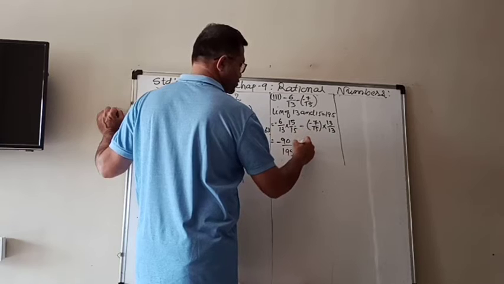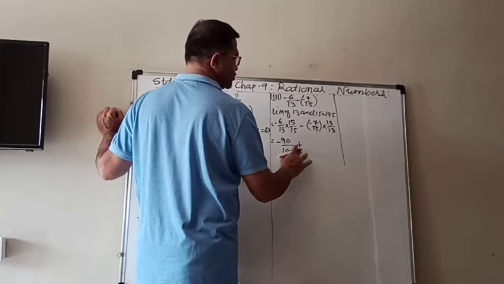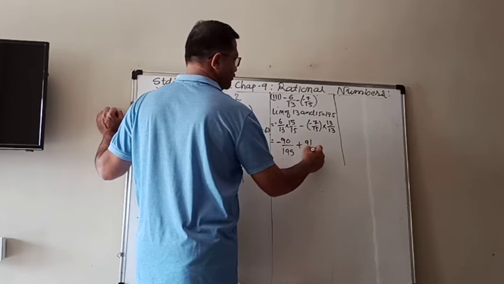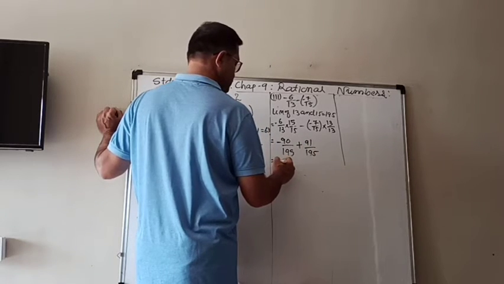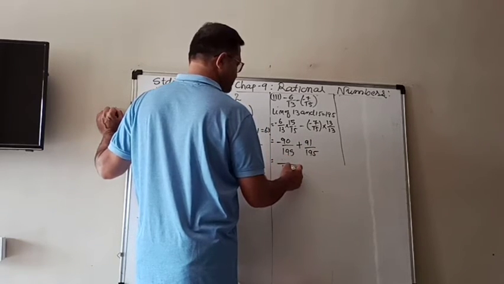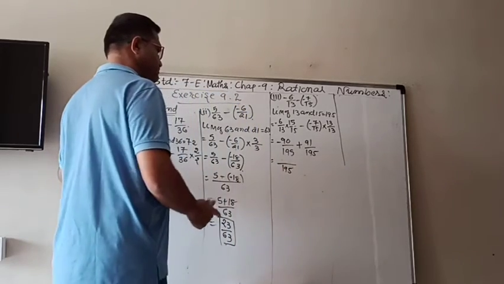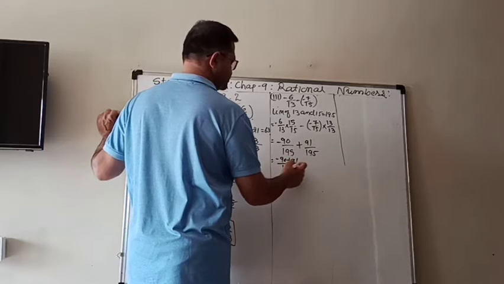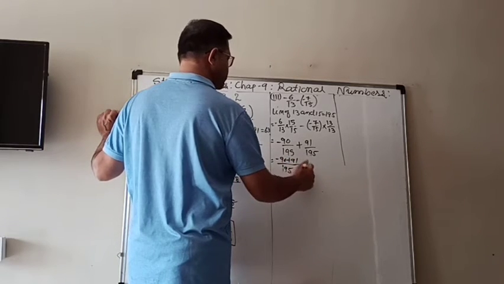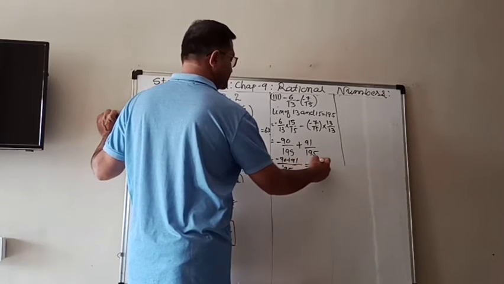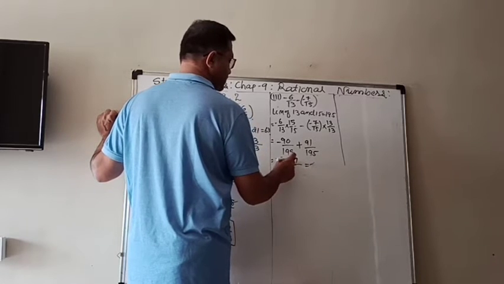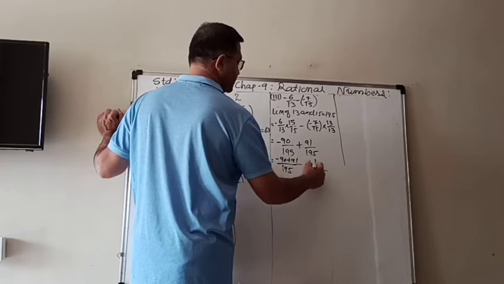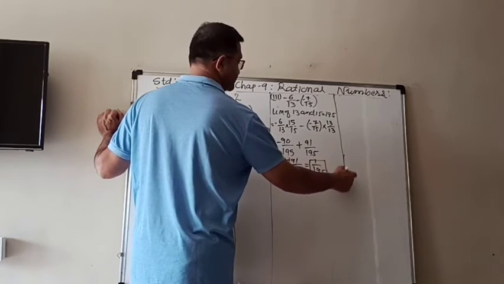Here minus you can convert into plus also: 13 7s are 91 upon 195. So now 195 is the common denominator. So minus 90 plus 91 is minus 1 or plus 1, because the greater number is plus. So it is 1 upon 195.